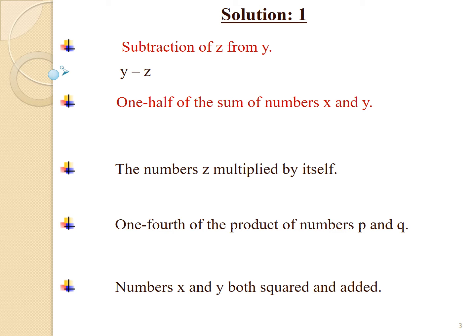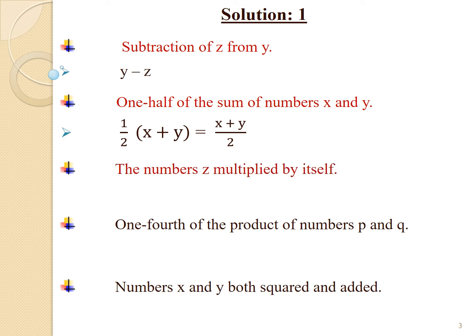Thus, the expression for this statement is 1 upon 2 into x plus y, or x plus y upon 2. Students, you can write either 1 upon 2 into x plus y or x plus y upon 2. Both are correct. Now, sum C. The number z multiplied by itself.